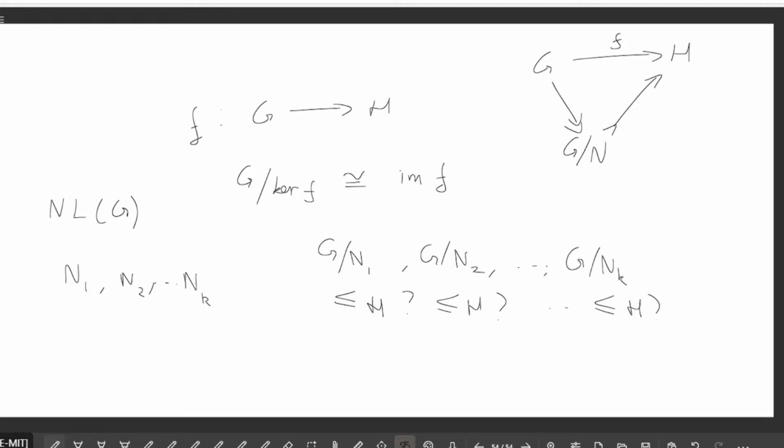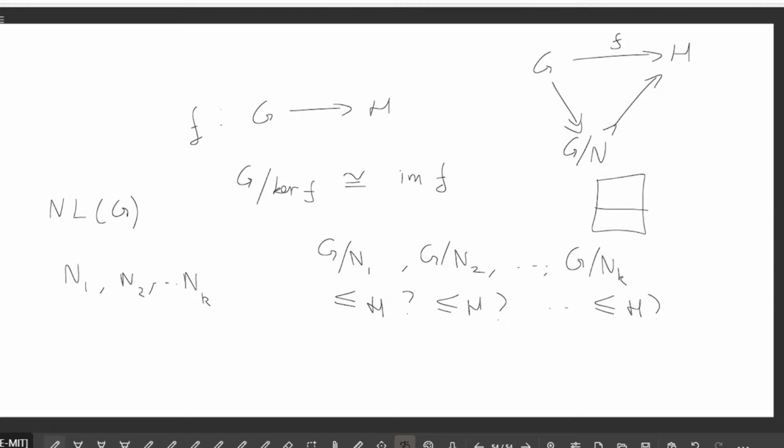You can ask how many homomorphisms there will be. For a given image, there may be several subgroups isomorphic to that.